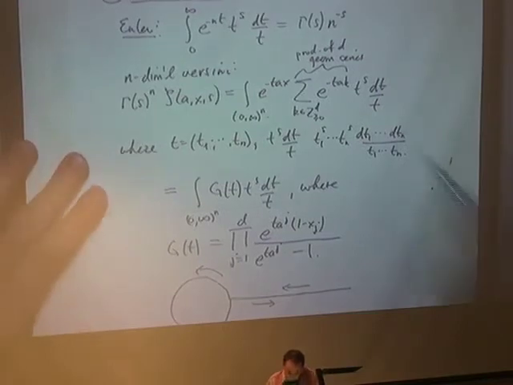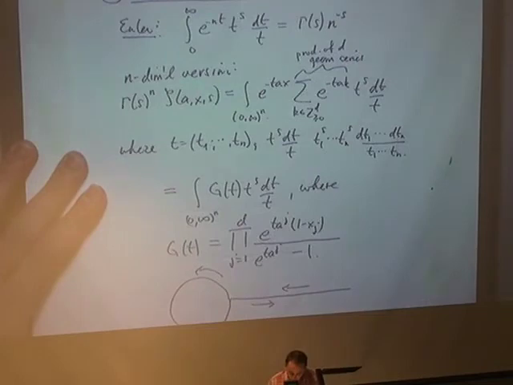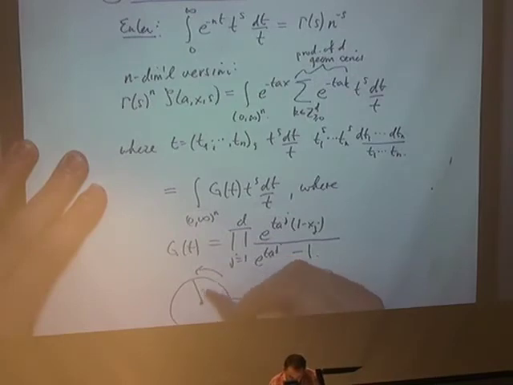So this integral converges exactly where the sum we got it from converges, but we can write it a little differently. We can write it in terms of a path integral along this contour.